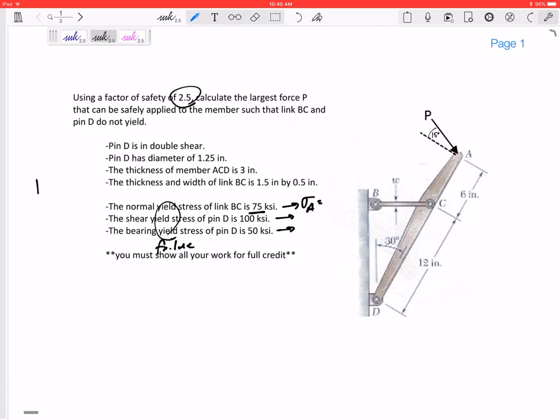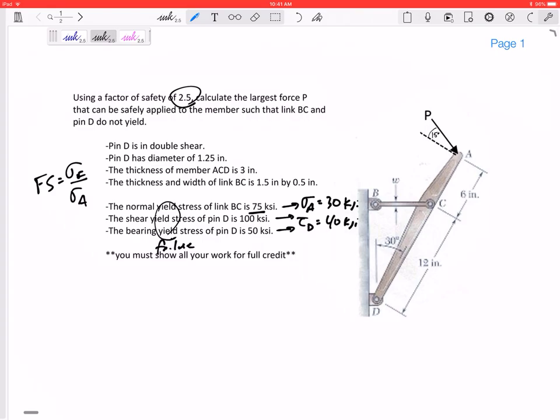We can do factor of safety equals sigma failure over sigma allowable, or logically, I think it makes sense: 75 divided by 2.5, we're only going to let it get up to 30 ksi. The shear failure stress is 100, so we're only going to allow it to get up to 40 ksi.